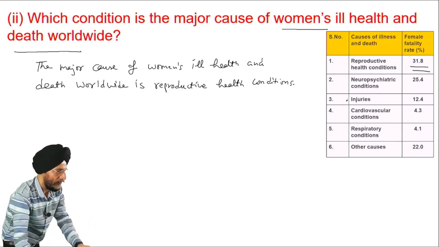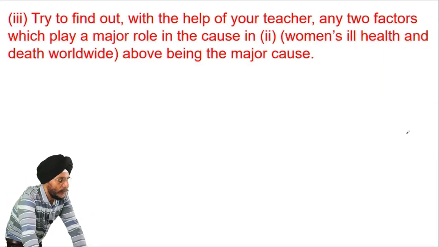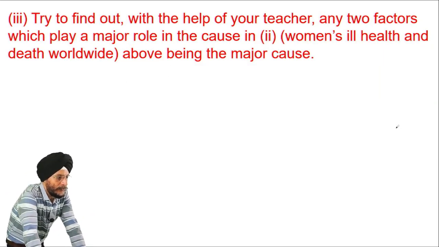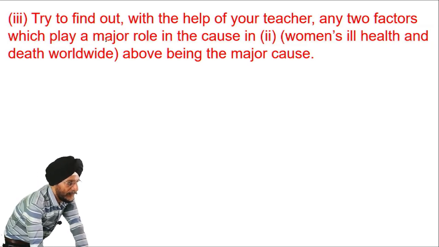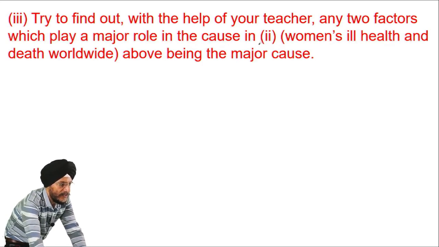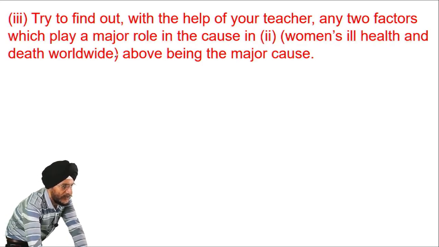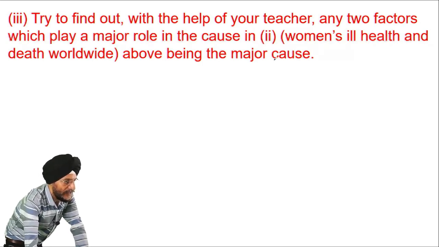Now next, try to find out with the help of your teacher any two factors which play a major role in the cause of women's ill health and death worldwide, the above being the major cause.